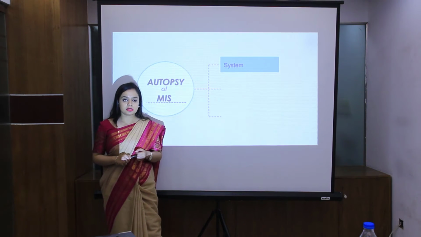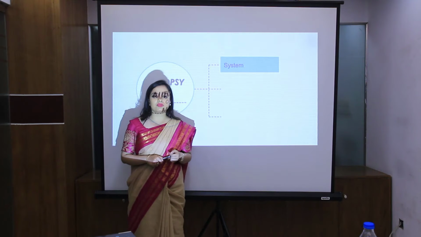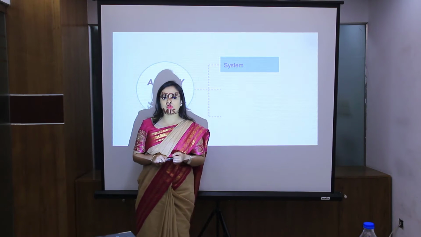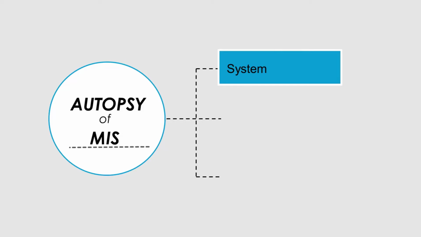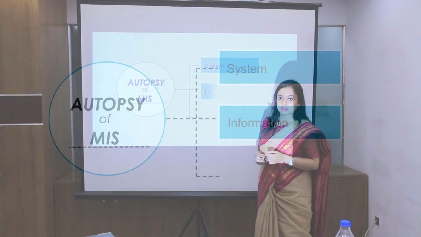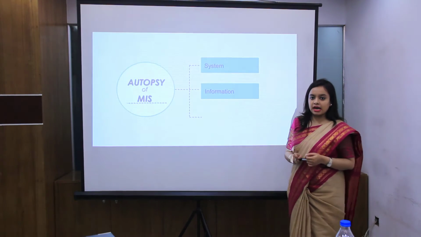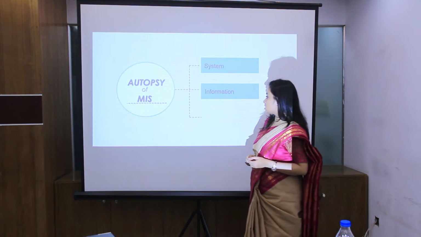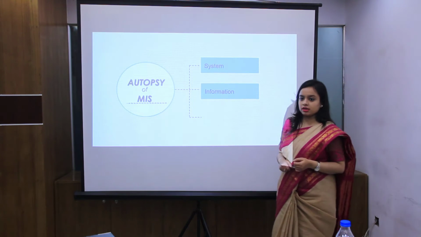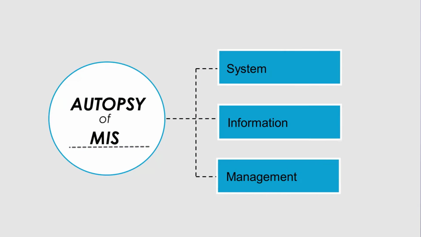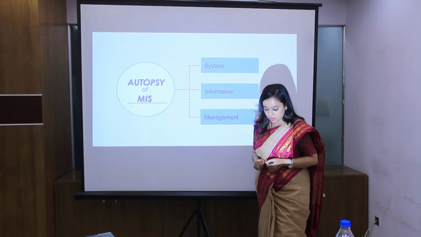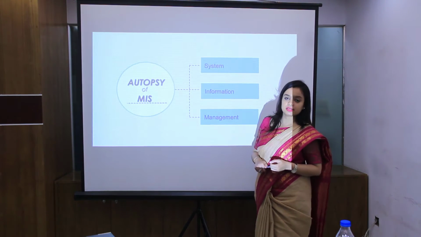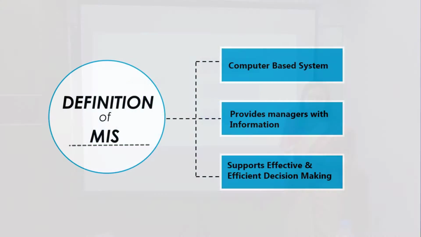Each subsystem produces information from their end and provides it to the master system. The next component is information. Information is the ultimate data result of each subsystem to the system for decision making. Last but not least is management. Management is the ultimate use of information, which focuses on managerial decisions.